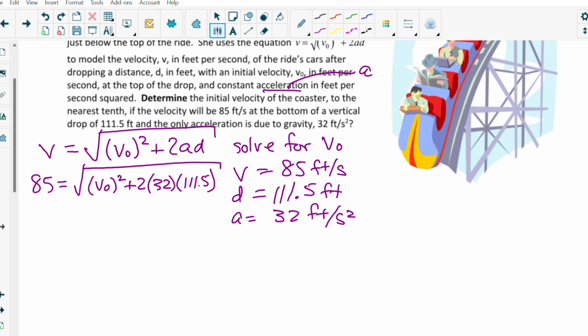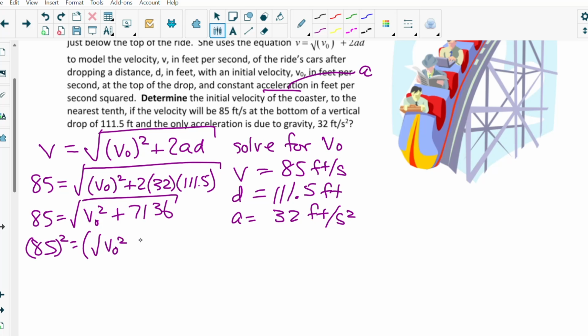Let's square both sides. Oh, let me do this actually. 85 equals the square root of V naught squared plus 7,136. I'm going to square both sides. That is 7,225 equals V naught squared plus 7,136.